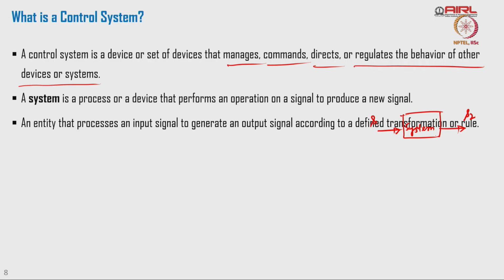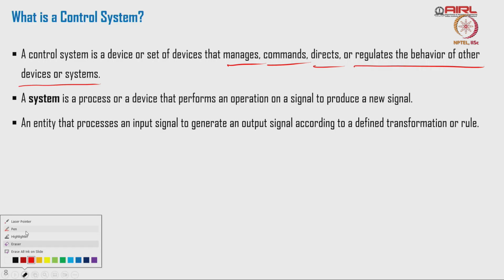So, it is an entity that processes an input signal to generate an output signal. S1 is the input signal, and S2 is the output signal. In this way the system works between input and output signal.